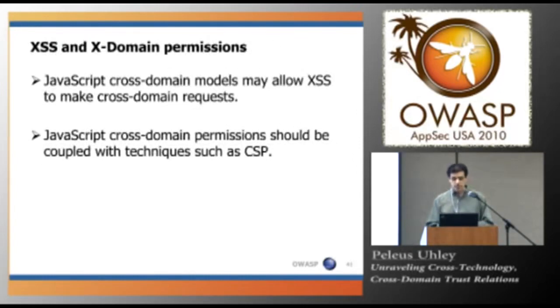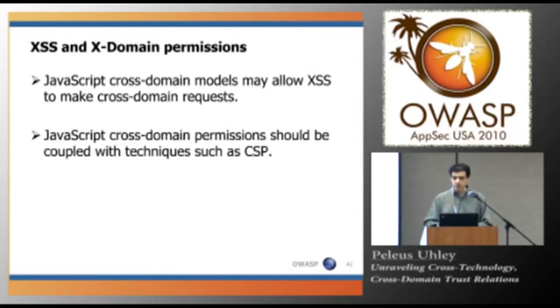One of the things to keep in mind with cross-domain permissions in JavaScript is that if you have cross-domain permissions set up within JavaScript, you don't necessarily have to upload something to execute within that security context, right? If I need a Swift to execute in your domain, I have to find a way to physically get the Swift onto your domain.